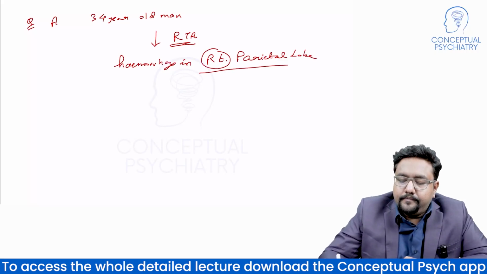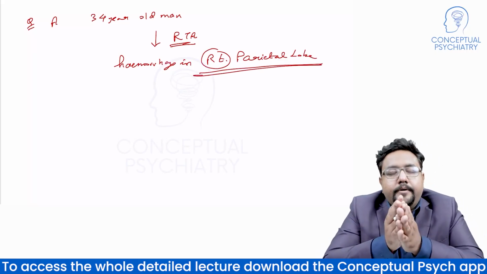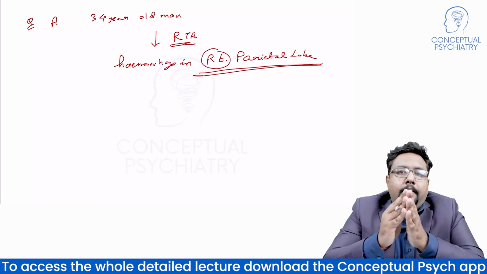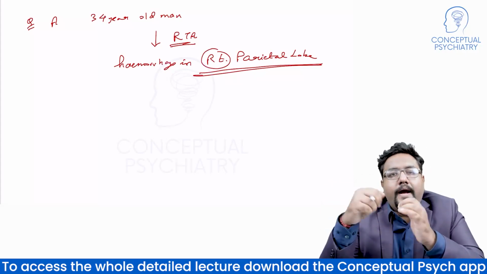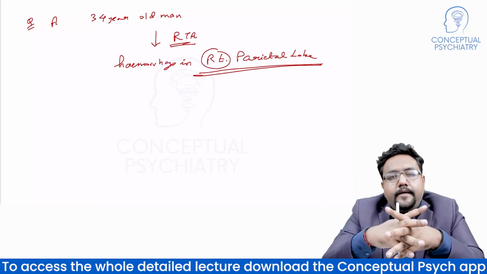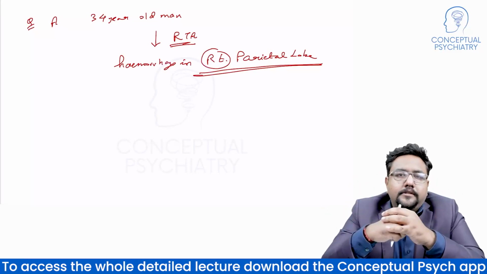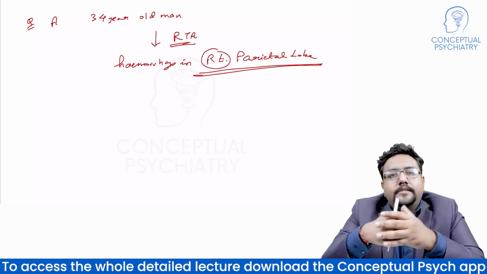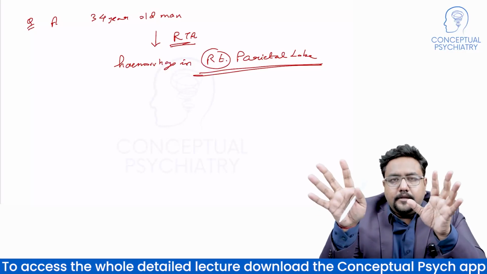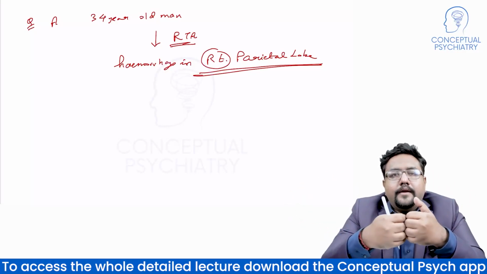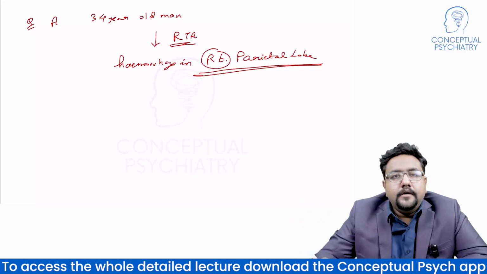Now, please remember this type of hemorrhage is very rare, because usually, since the parietal lobe and the temporal lobe are in close proximity, a parieto-temporal hemorrhage is actually more common if you see the CT scan reports. But then let's consider for a clinical case that there is hemorrhage in the right parietal lobe.